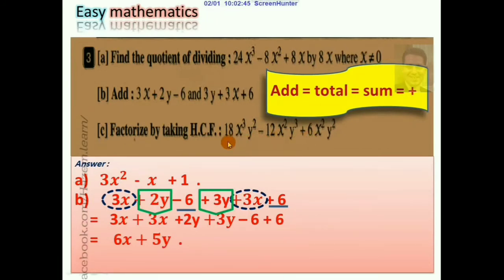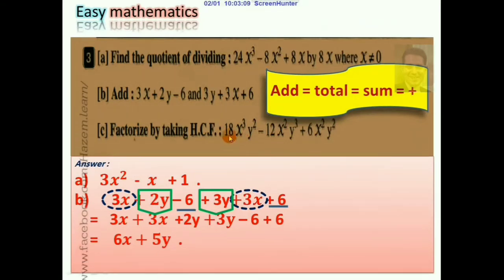We have here 18, 12, 6. What about the highest common factor of 18, 12, 6? First we know 18, 12, 6, all of them exist in table 2, and exist in table 3, and exist in table 6. So the highest common factor of all these numbers is 6 here.